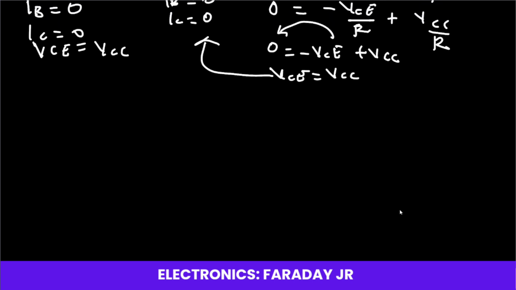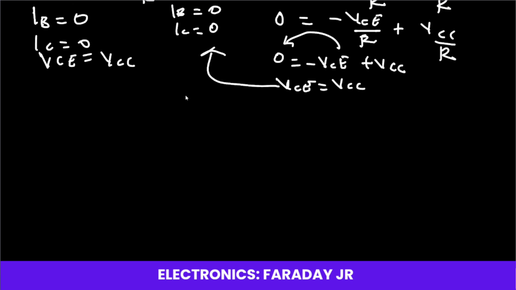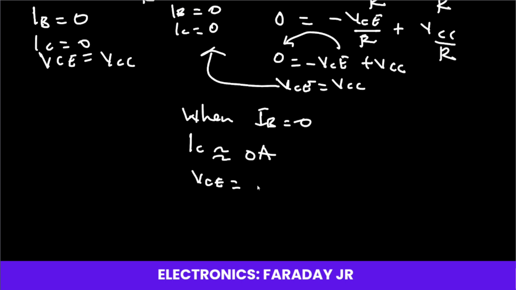If we are to explain the condition for the cutoff region, we say that cutoff is said to occur when IB is equal to 0 and IC is approximately equal to 0 amps, because there will be a small amount of leakage current, and the value of VCE is also equal to VCC. So this is the condition for cutoff to occur.